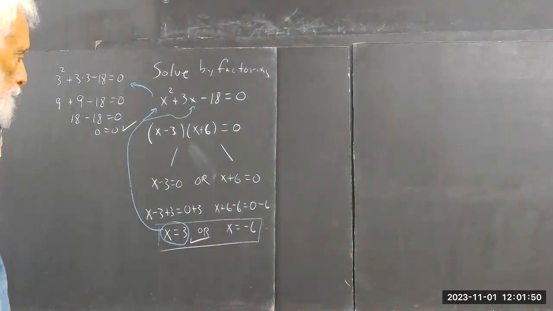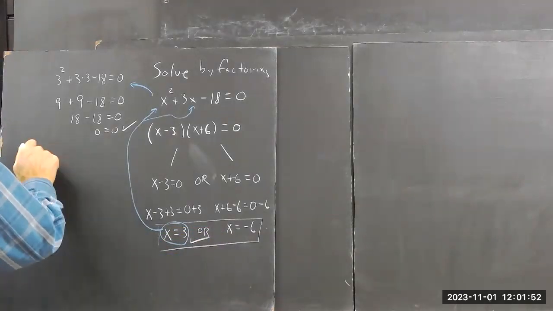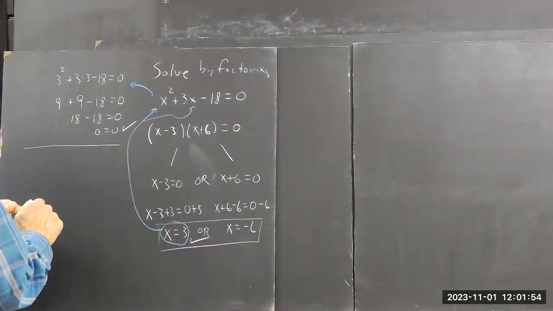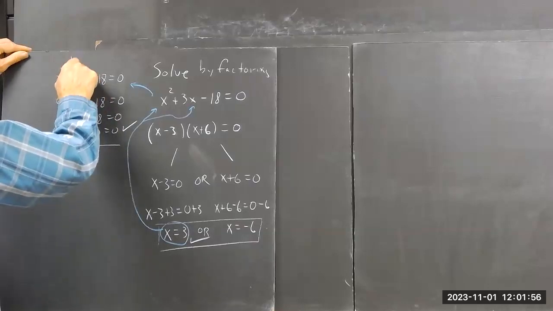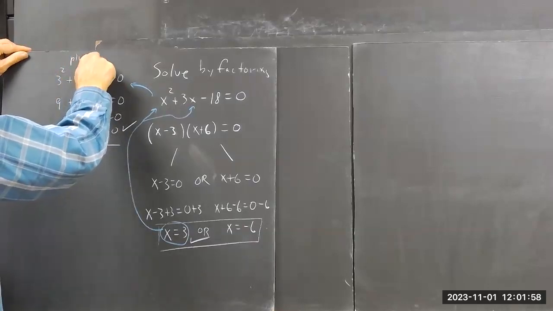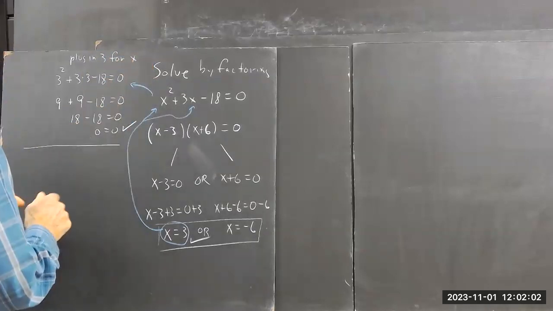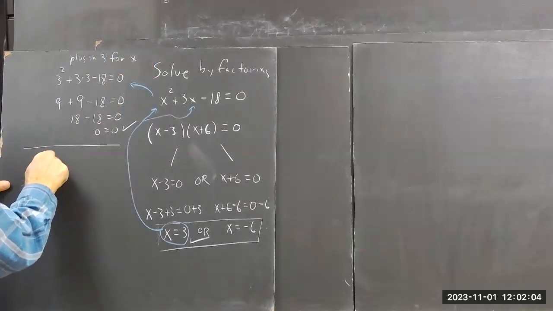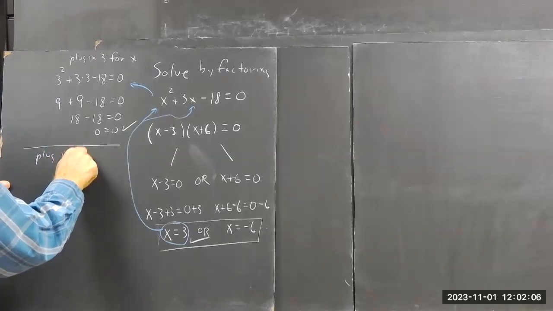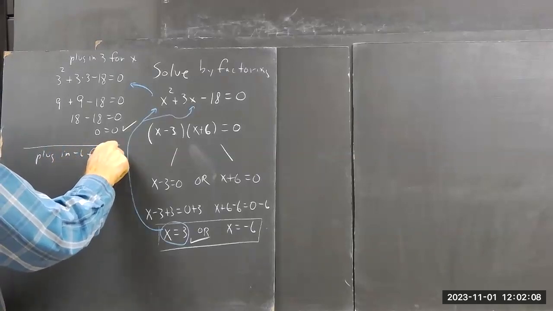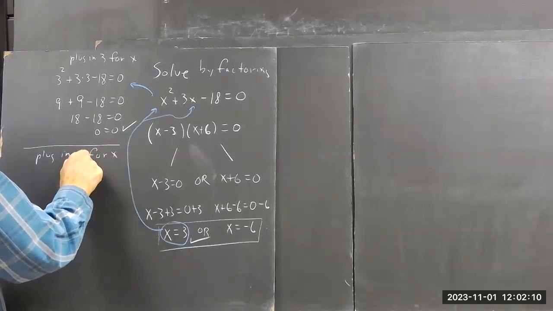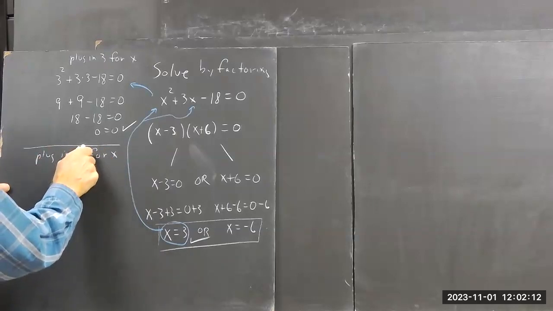We do the same thing for the negative 6. Here we plugged in 3 for x. Now here we plug in negative 6 for x.